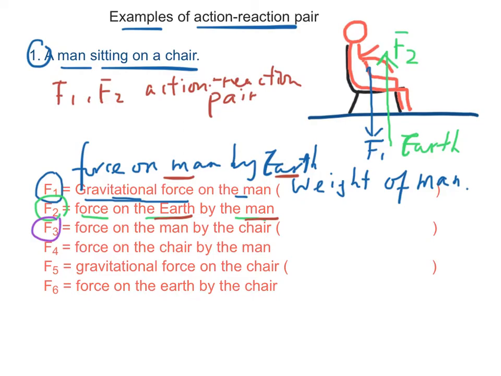F3 be the force acting on the man by the chair, which we often call the reaction force on the man, or we say it is a supporting force on the man.